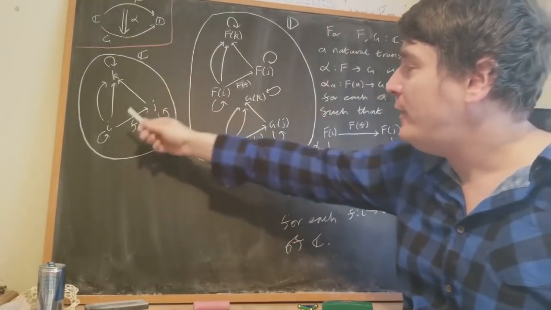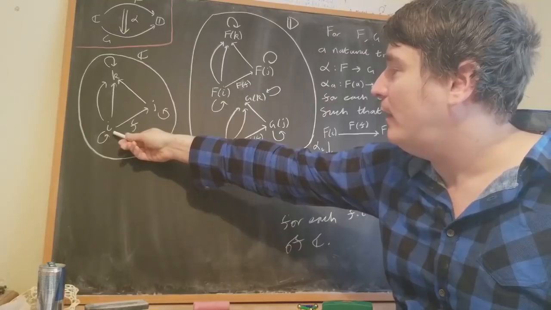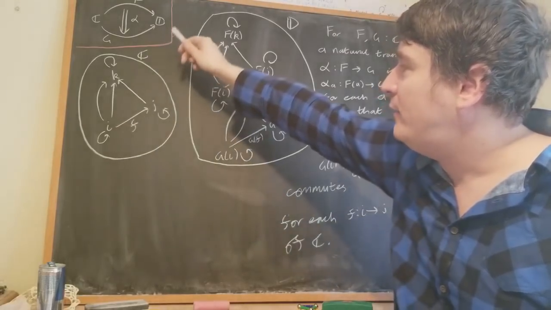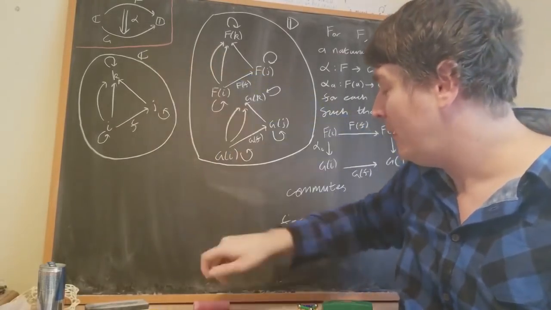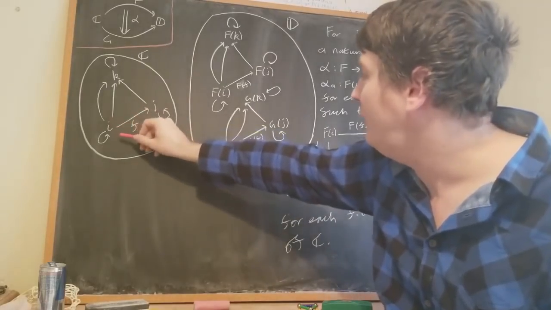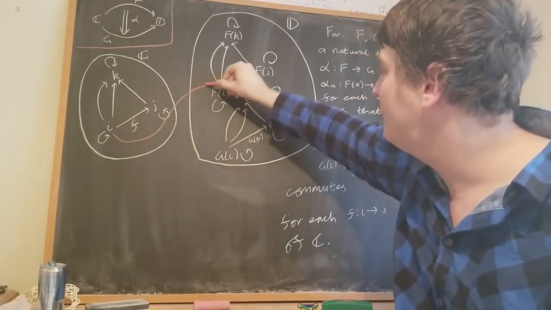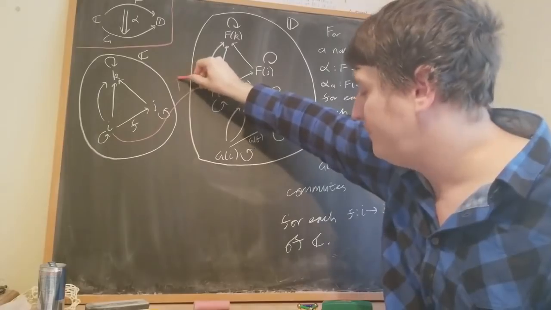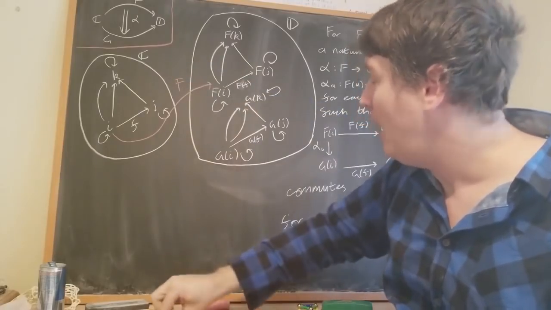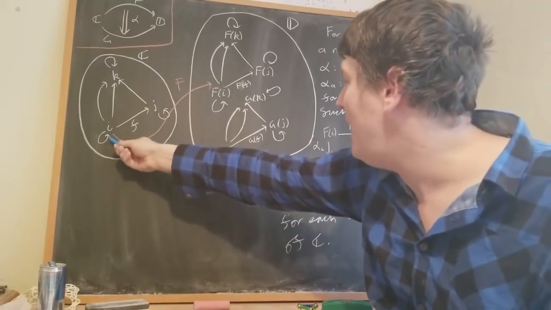So for every object i in the category C, this object's going to get sent somewhere under F, and it's going to get sent somewhere under G.